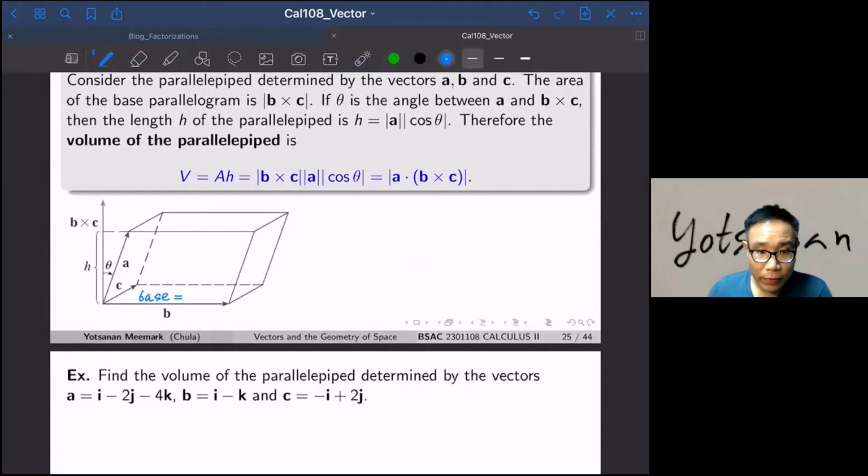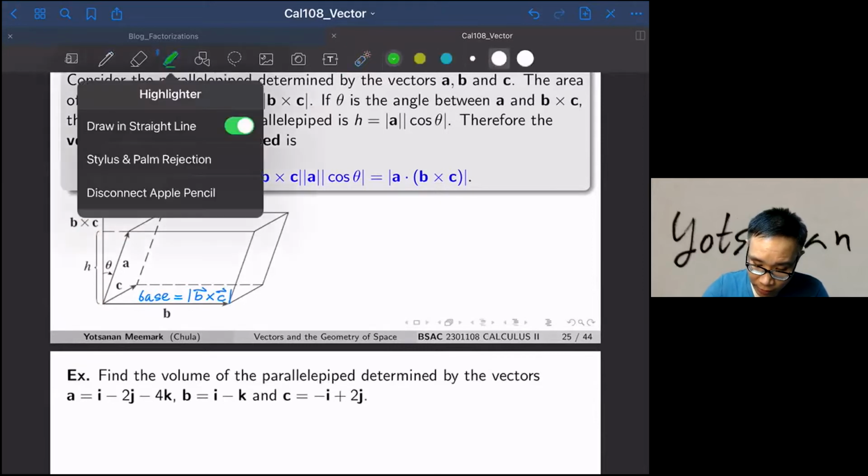The base has area equal to the norm of B cross C. And you have the height given by A cosine theta, where the vector B cross C is perpendicular to both B and C. The way to obtain the height is just the projection.